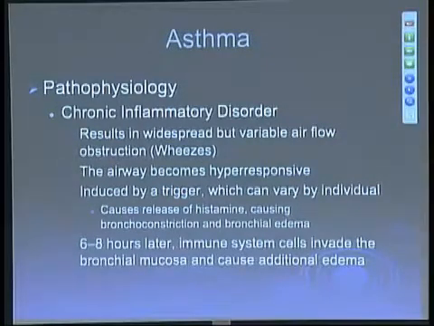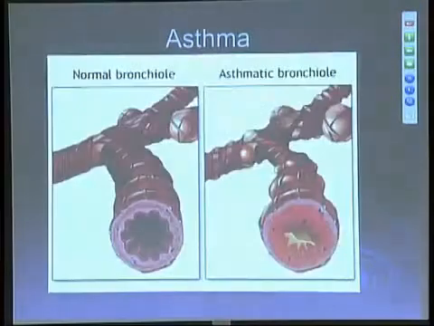The trigger stimuli vary, but no matter what the trigger, the basic thing is a sudden release of histamine, which causes bronchoconstriction, bronchial edema, and after a period of hours, immune system cells invade the bronchial mucosa and cause additional edema by giving off other substances: slow-reacting substance of anaphylaxis, the bradykinins, etc. All these things are released from the immune system cells, primarily mast cells, that cause the additional edema.